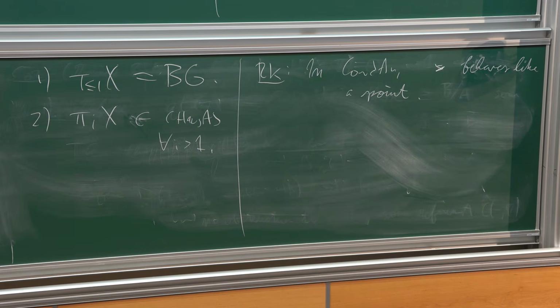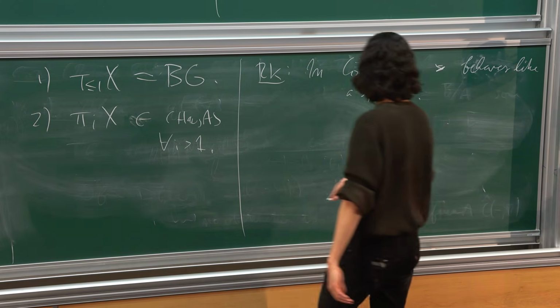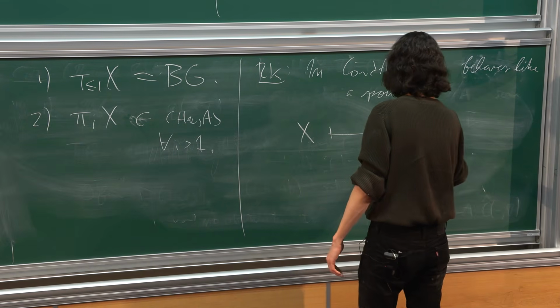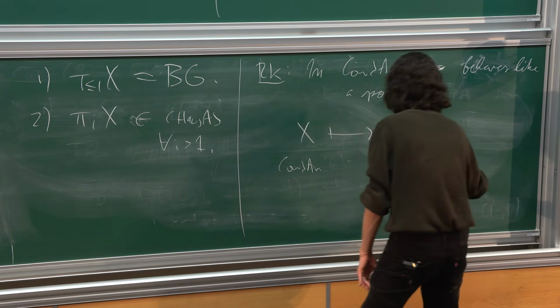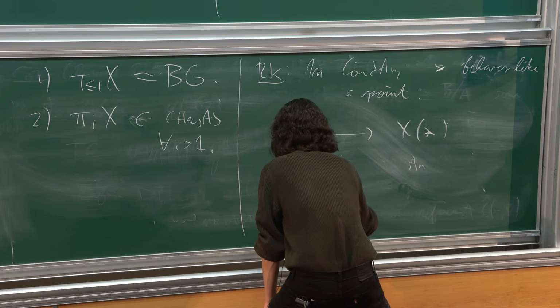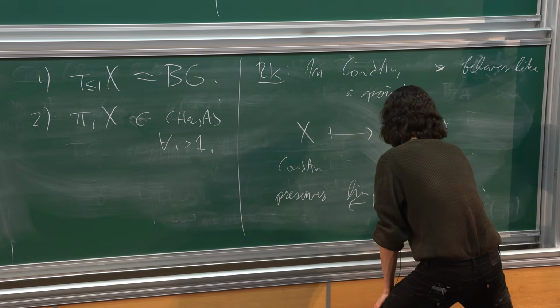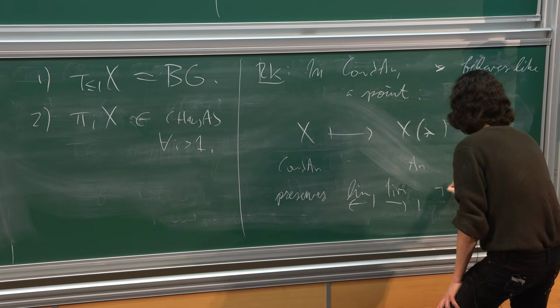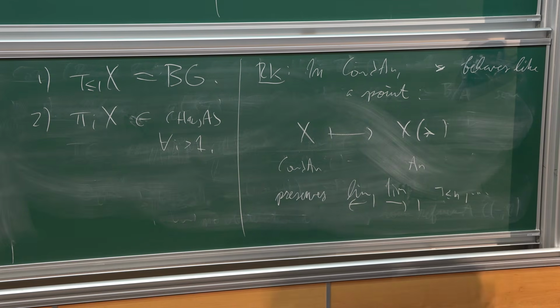For example, for sheaves on a topological space X, the terminal object behaves like the topological space X, which is not a point. So formally, what does this mean? This functor, let's say from condensed anima to anima, preserves everything. Limits, that's obvious, but it also preserves arbitrary colimits. It preserves Postnikov truncations, anything you like.